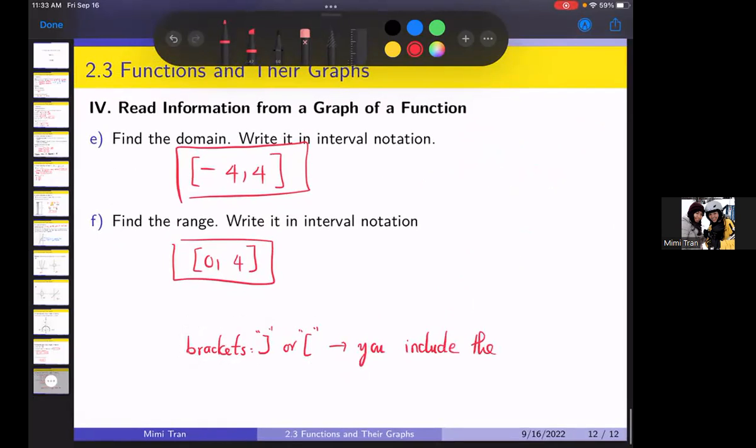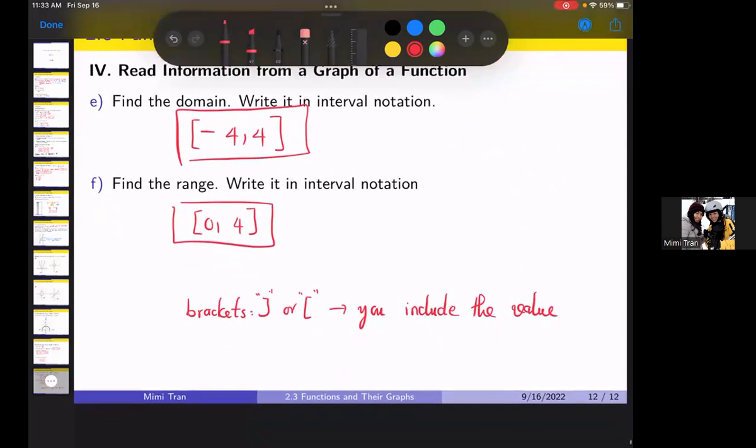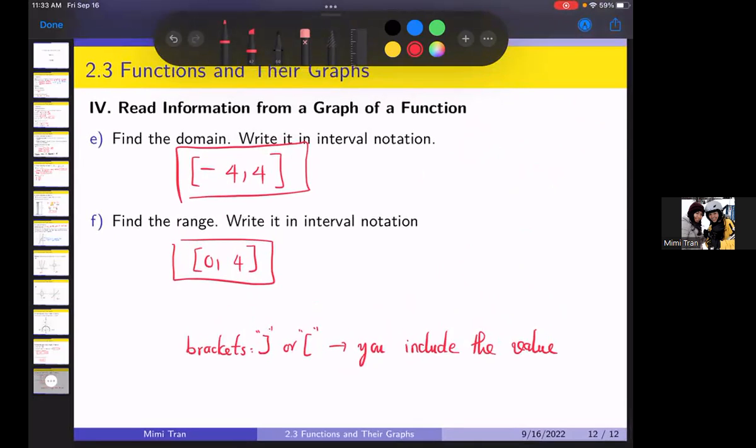So is that the same thing as the solid numbers? Yeah, that's the same thing. A solid point means you include it, a hollow dot means you do not. Same thing.